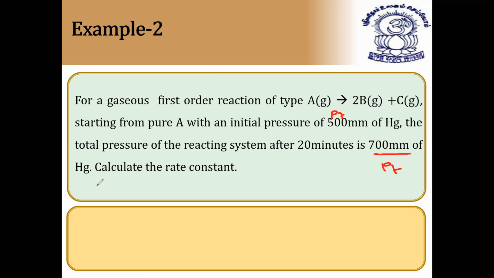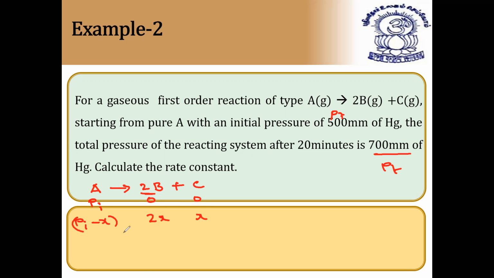Let us write the equation first. A gives rise to 2B plus C. So initial pressure is Pi, and this becomes 0, this becomes 0. Now the pressure after time t seconds is Pi minus x, and this becomes 2x, and here it is x, because this is 2 moles.